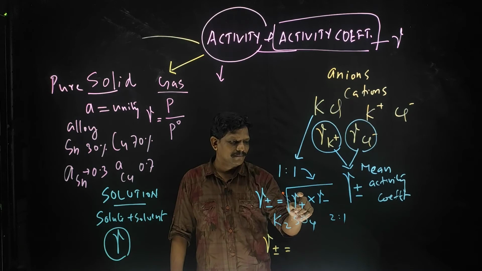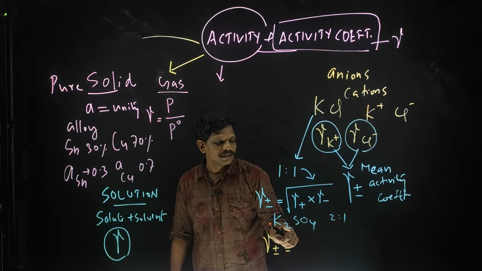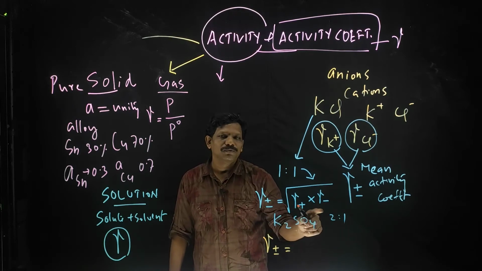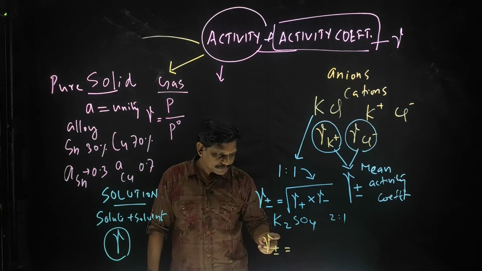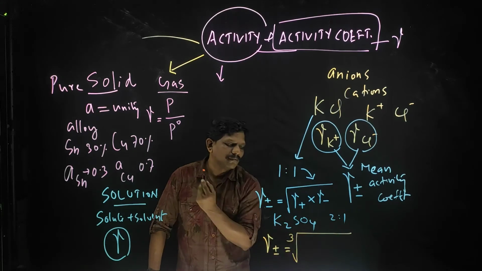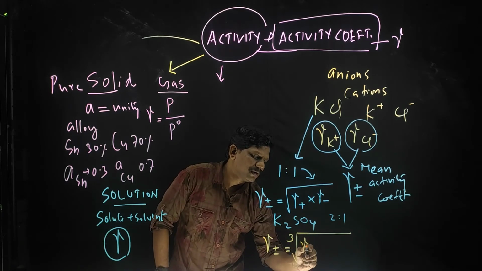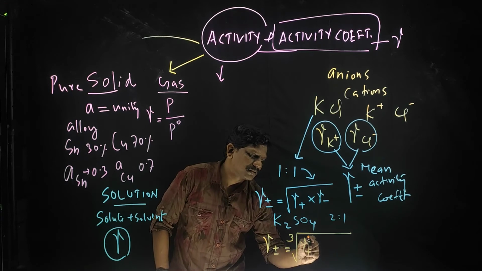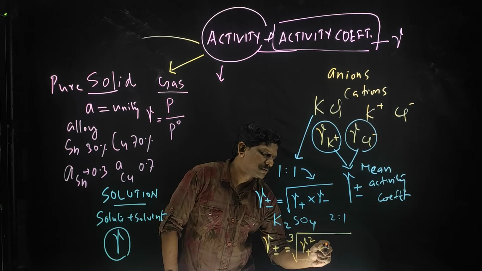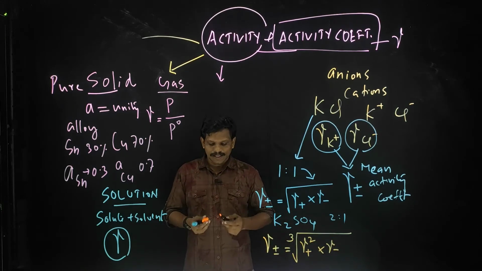That is why gamma plus into gamma minus. Here, K2 means 2 K plus and SO4 minus, that is 3 ions. So you cannot take a square root. You can take the cube root of gamma plus squared into gamma minus. So like that you can express the mean activity coefficient.